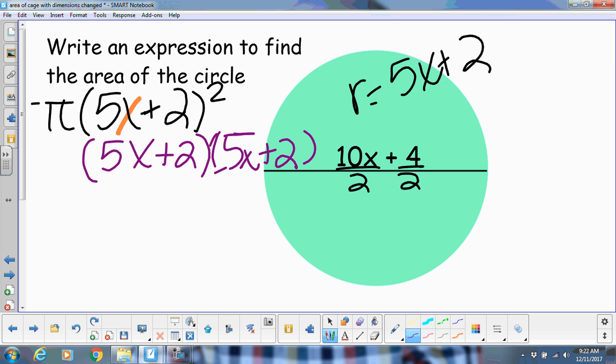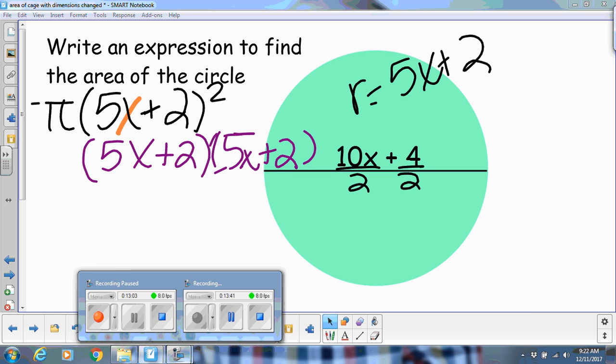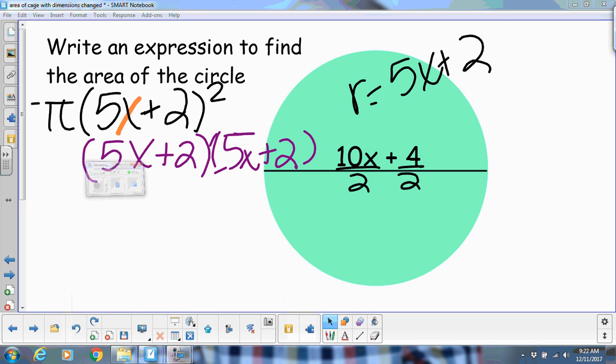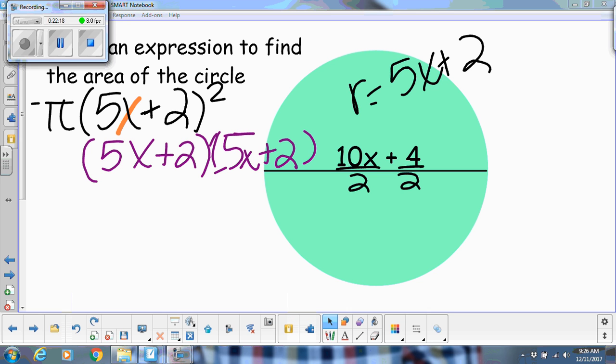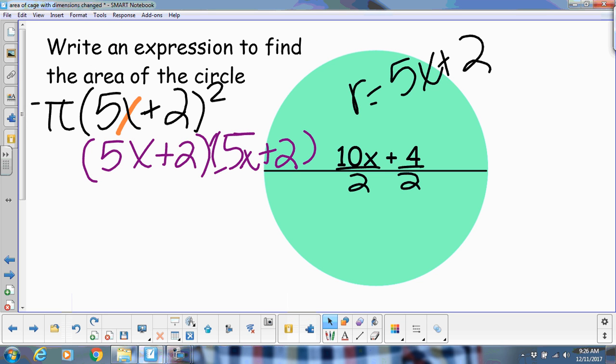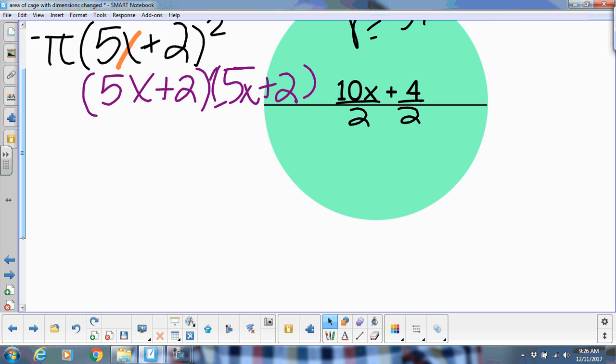All right, so work that out, and once you work that out, what are you going to do? All right, so when you multiply it out, what do you get? All right, 25x squared plus, that gives me 10x, and another 10x is 20x.